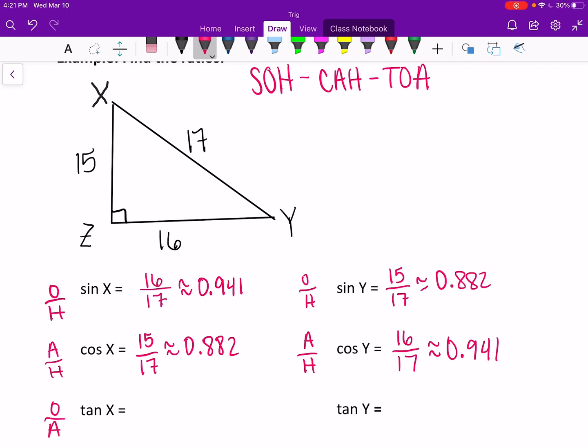The side opposite of our angle x is 16. And the side adjacent to our angle x is 15. It's the leg that touches the angle. 16 divided by 15 is approximately 1.067.